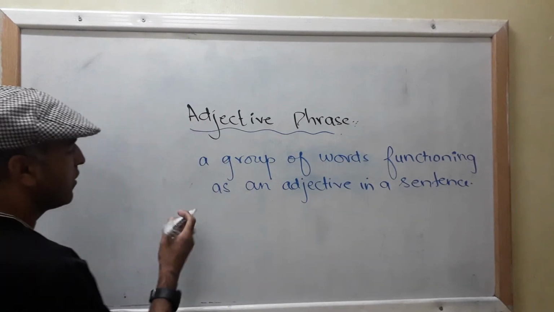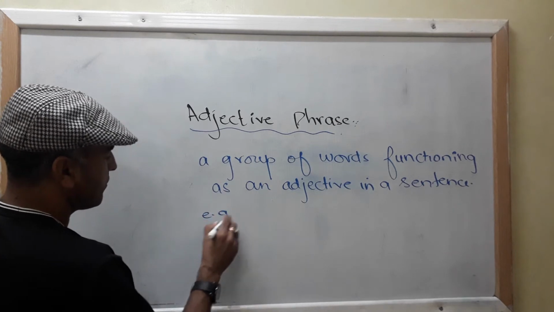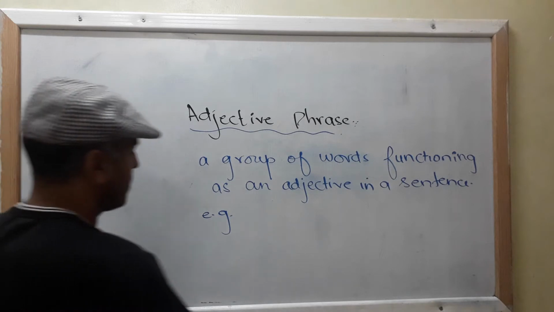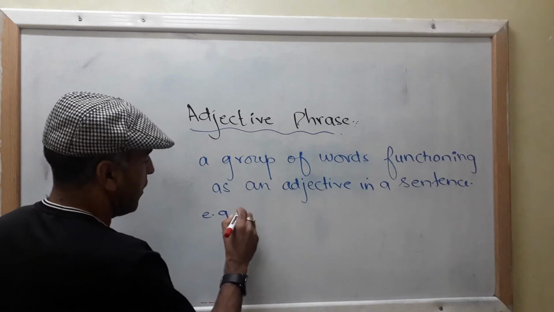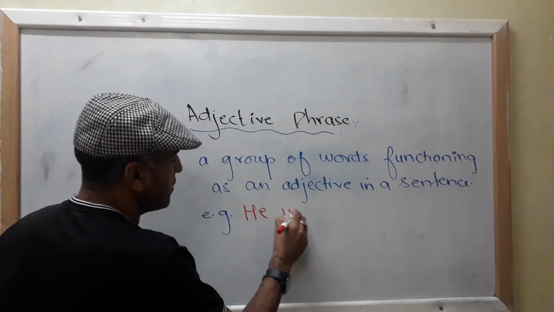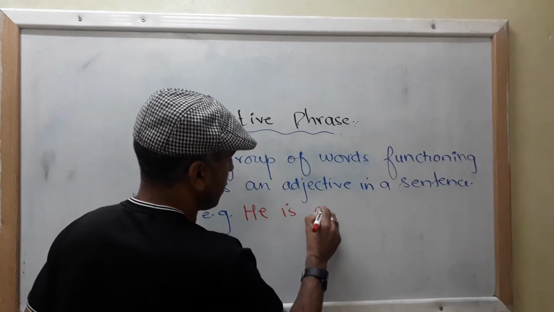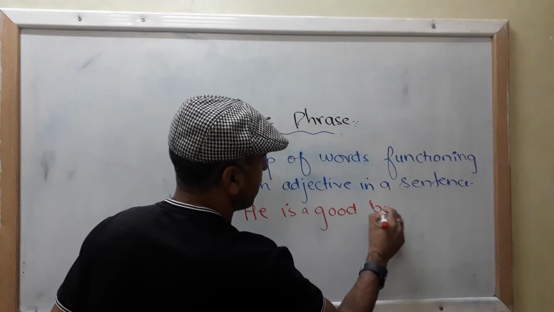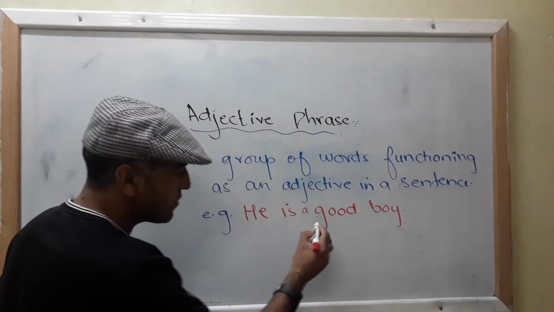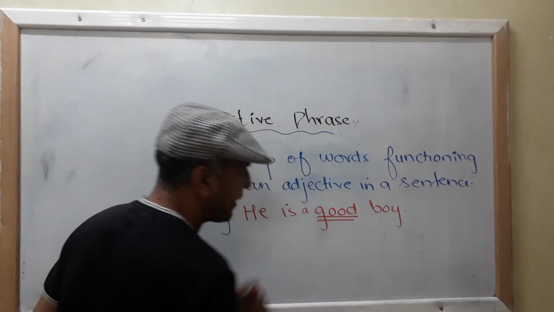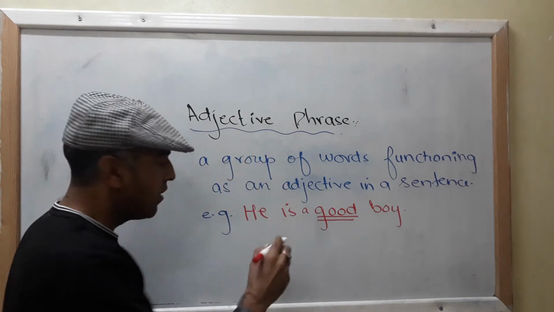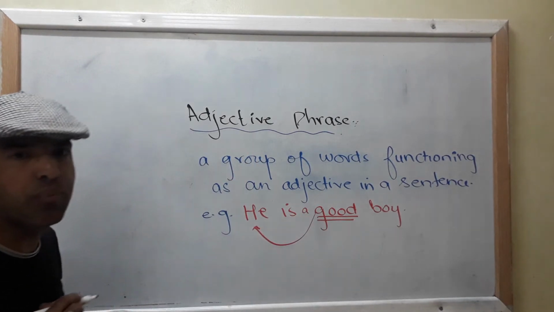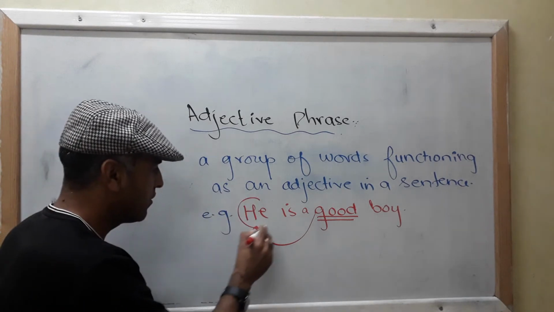Let me cite an example. Example number one. Let me write this with red marker. He is a good boy. Now look, in this sentence, good is your adjective, and it is a single word, because it is modifying or describing your pronoun he.